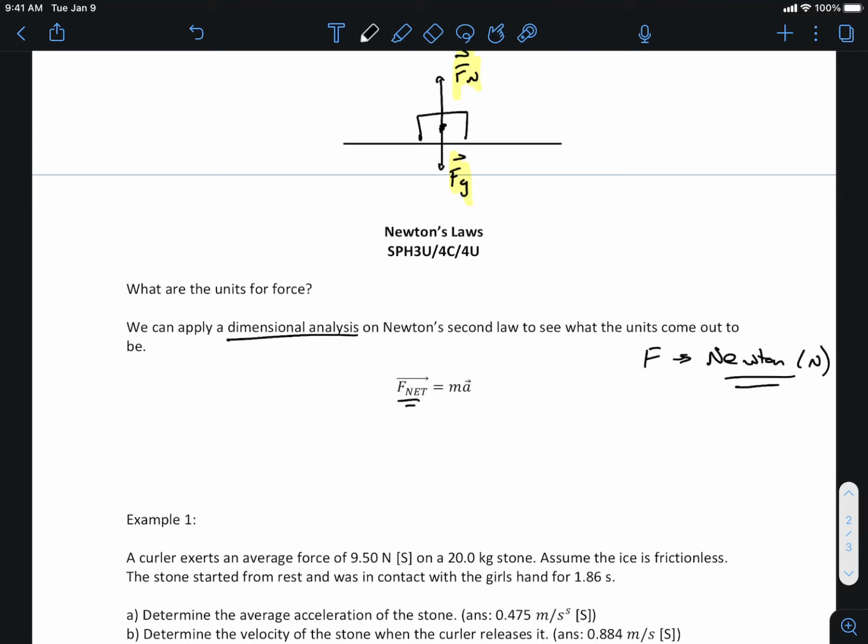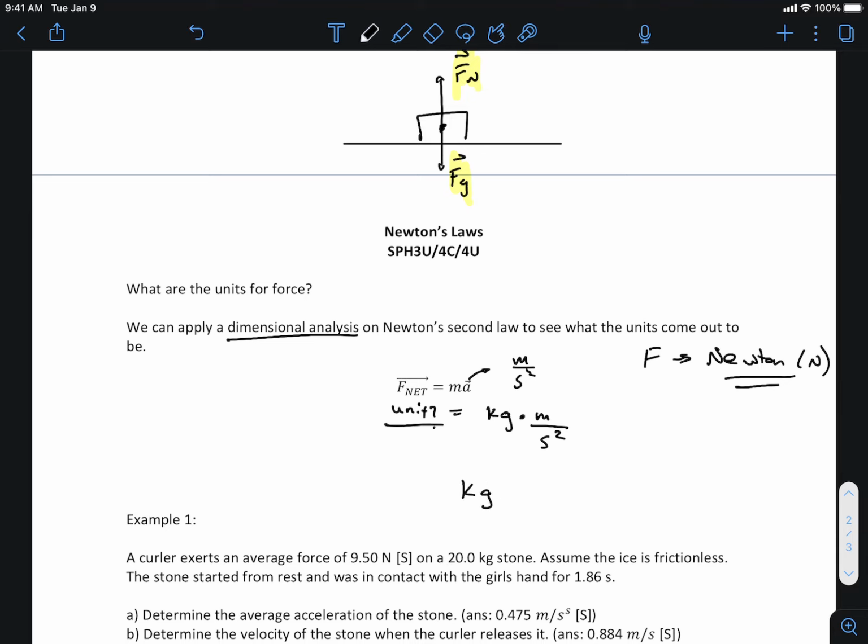Okay. And so when I do the dimensional analysis on this, I want to know what the units are for force. Well, if I look at what force is equal to, I know that mass is typically measured in kilograms, right? And when I multiply kilograms by acceleration, we know acceleration is meters per second squared. So what do I get as my units?